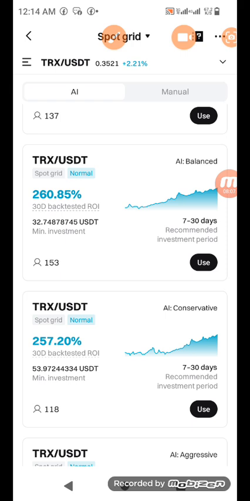But when you choose conservative, what happens is that it doesn't trade so much. Let me give you an example. If you apply the aggressive bot and it trades 30 times in a day, the conservative one may trade only 5 times in a day. But the truth is that in each trade, the profit margin is higher. And why does it do that?